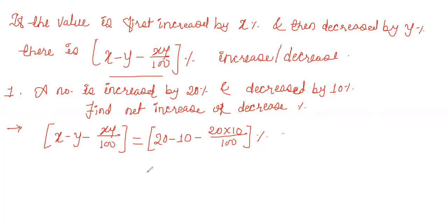It is equal to 20 minus 10. First it was increased, then decreased. So 20 minus 10, it is 10. 10 minus 200 divided by 100. So how many percentage of it is increased or decreased? It is 8% increased.